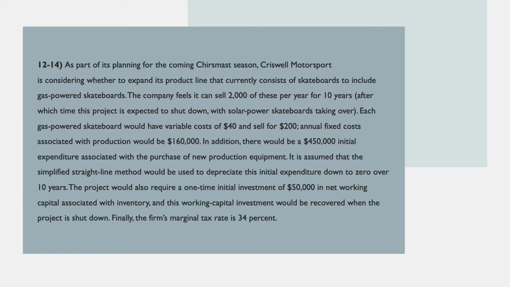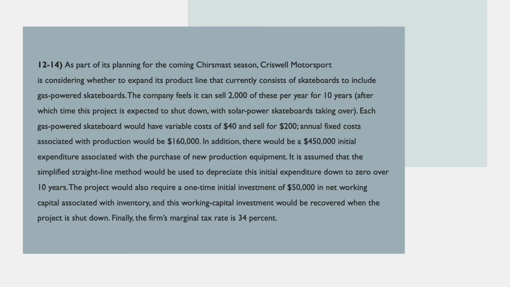Each gas-powered skateboard would have a variable cost of $40 and sell for $200. Annual fixed costs associated with the production would be $160,000. In addition, there would be a $450,000 initial expenditure associated with the purchase of new production equipment.